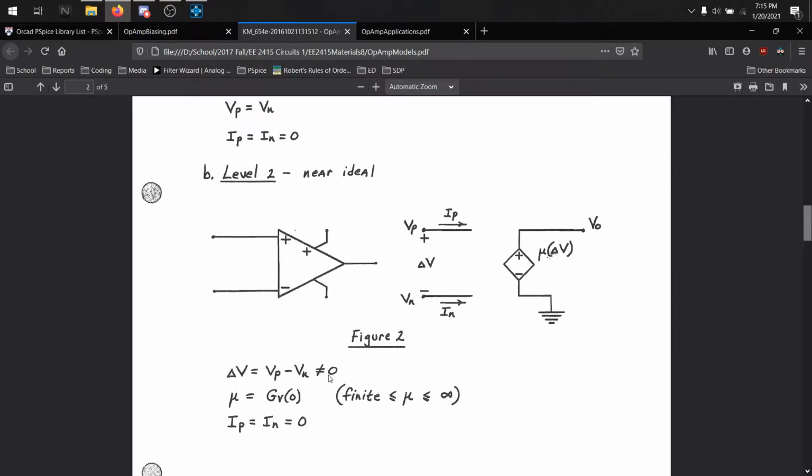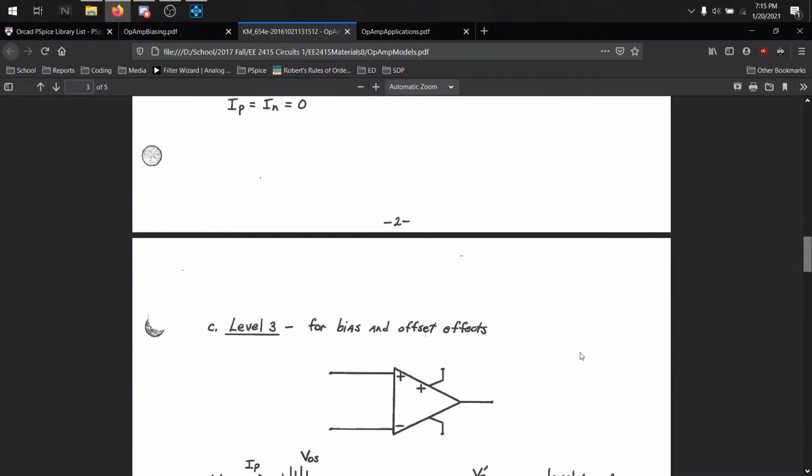It's a balancing act. You want it to be 0, but it can never be 0 because you want a difference in voltage. Your mu is your gain. Gain will be from something a little bigger than 0 and goes to infinity. And then your IP equals IN equals 0. This will make sense when we see another model.